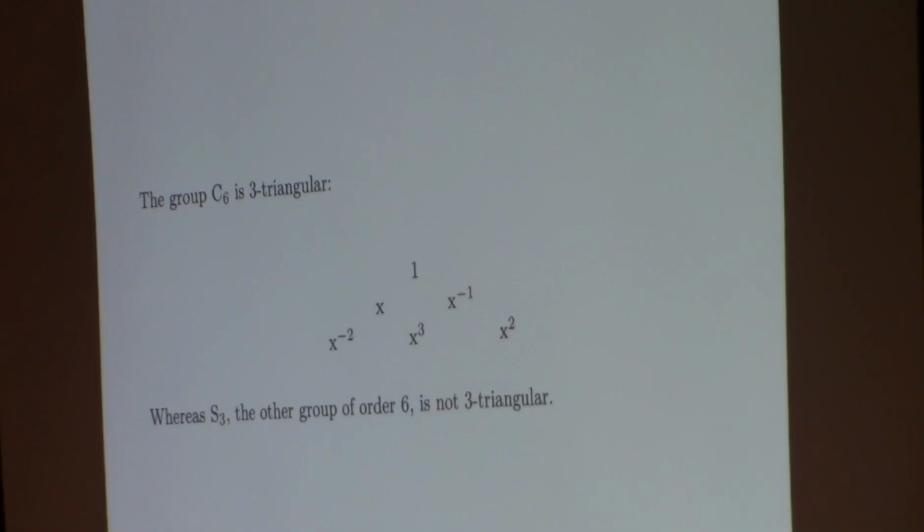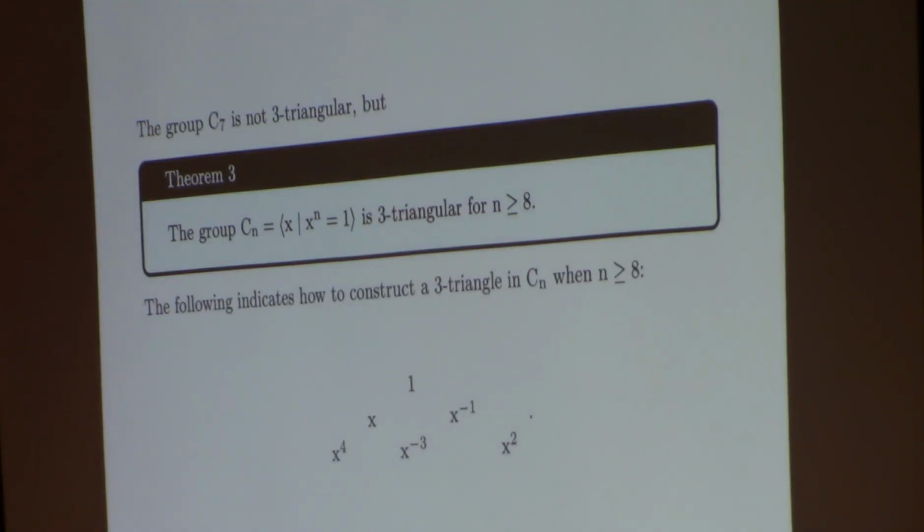Okay, it's the same thing. The other group of order 6 is not 3 triangular. Okay, and the reason I'm starting at 6, by the way, right, if I want to make a 3 triangle, it's got to have at least 6 elements. S3 is not; it would take a little too long to walk through the proof of that, but we pretty much prove it by exhaustion, showing that it's impossible to do that.